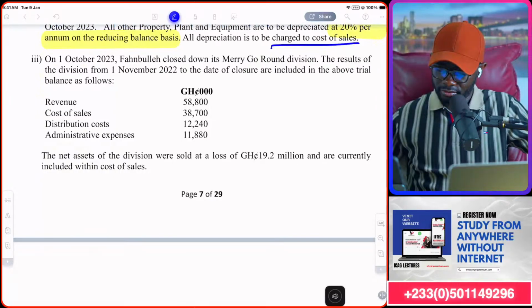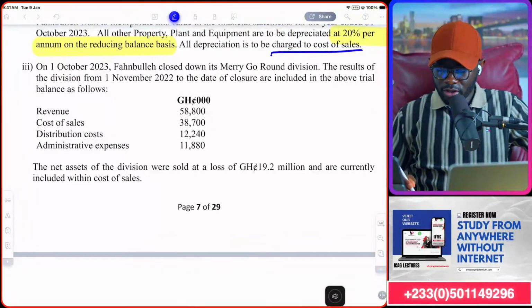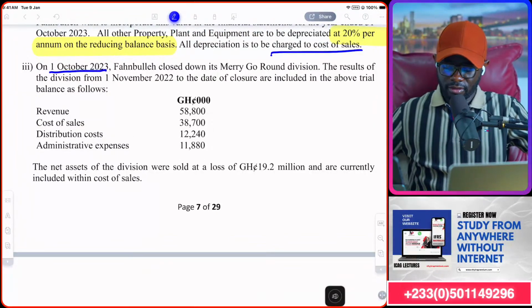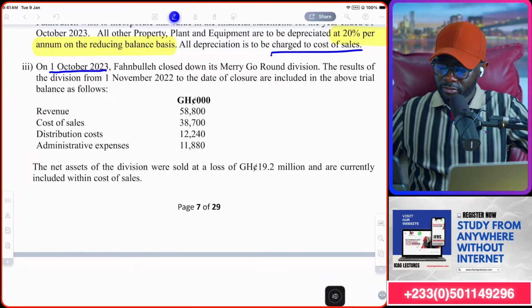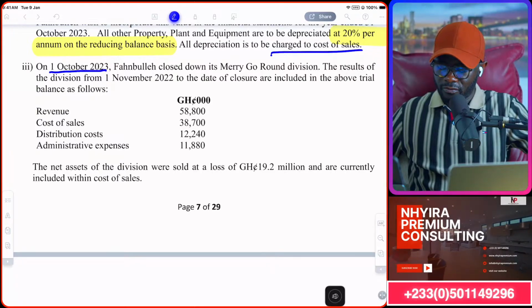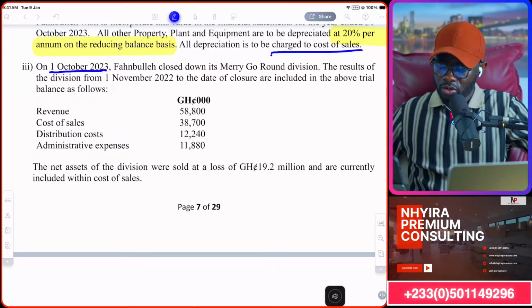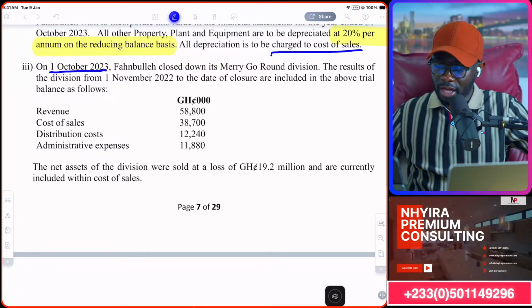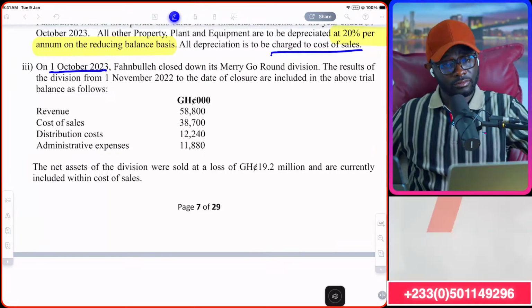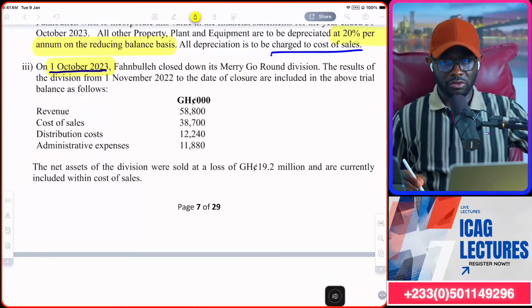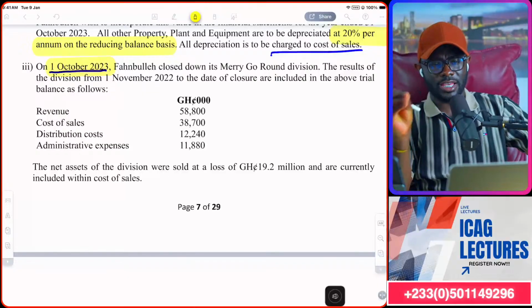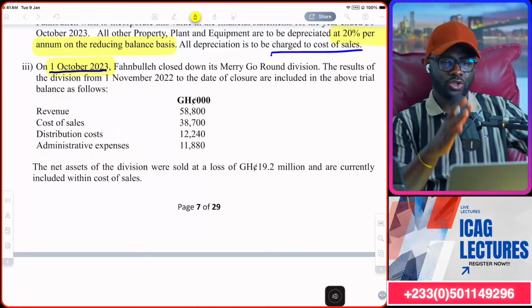Note 3. On 1st October 2023, Fanbella closed down its merry-go-round division. The results of the division from 1st November 2022 to the date of closure are included in the above trial balance as follows. So if you check, on 1st October 2023, that is 30 days to the year end, they sold a division.